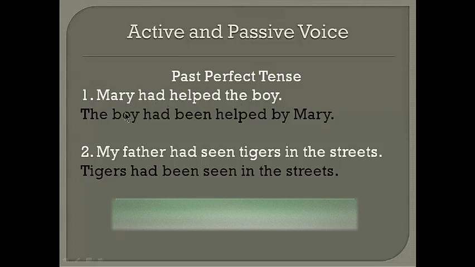The boy is the object here, so it is actually taking the subject place. The boy had, and after this had in passive, we need to insert been in the sentences. So the boy had been helped by Mary. The same past participle form of the verb is inserted in the passive forms.